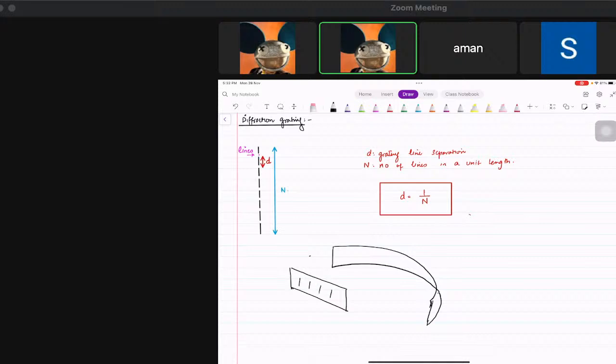And when the light goes through, and the light is at 90 degrees, then it gives you diffraction, like a straight one. In fact, it would be better if I just make it as 1.